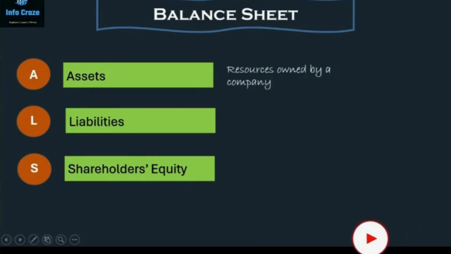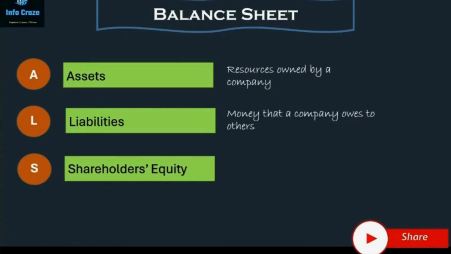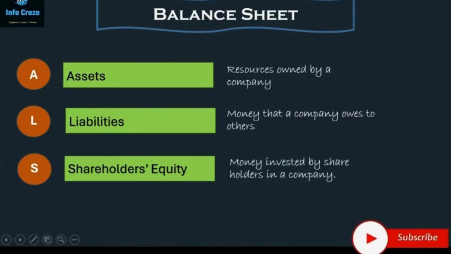What are assets? These are basically the resources owned by a company on a particular date. Liabilities means the money that a company owes to others on that particular date. And shareholders' equity is the money invested by shareholders in a company.